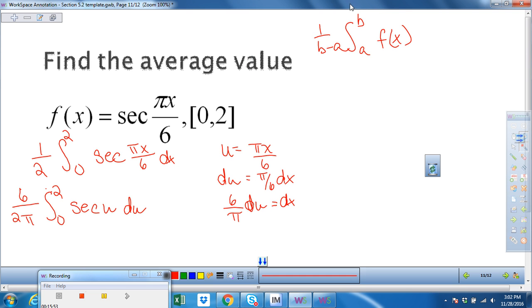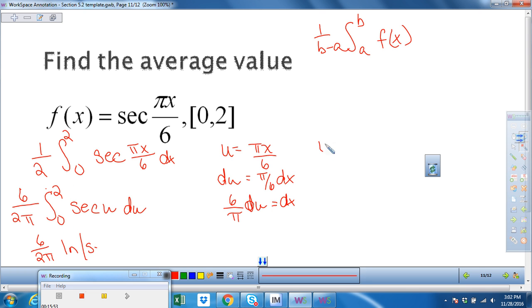Okay, so what we have then is 6 over 2 pi times the natural log of, and I forgot what it said already. Oh, I did something wrong. I forgot to change my u's. These are u's, but I kept these as x values.